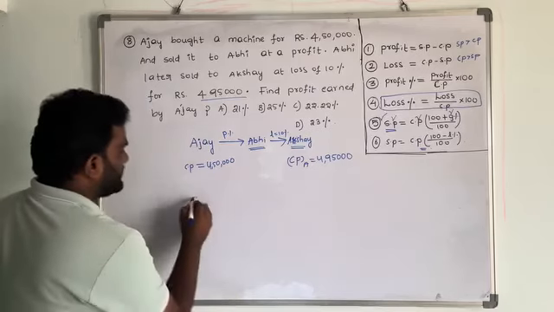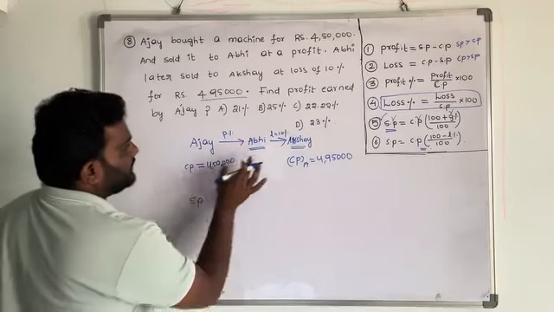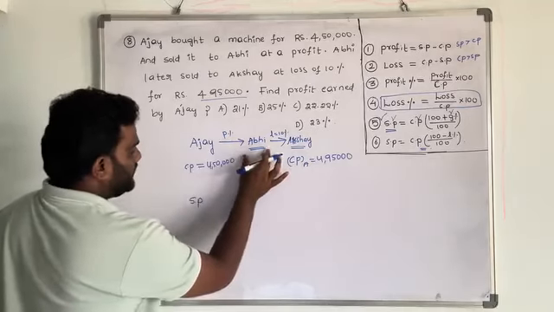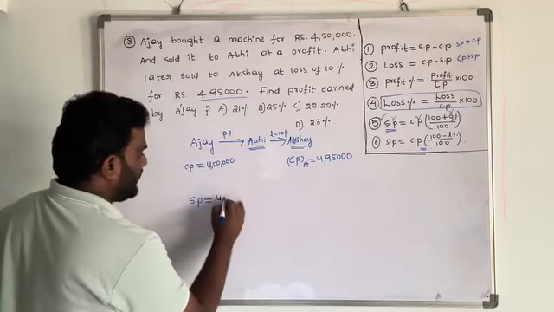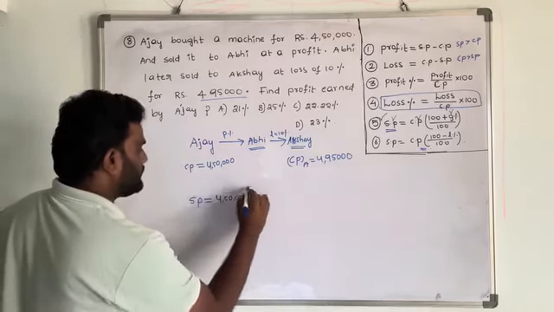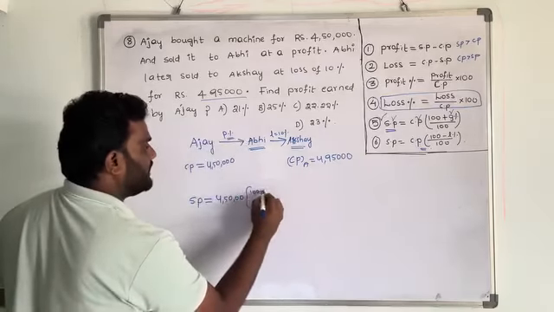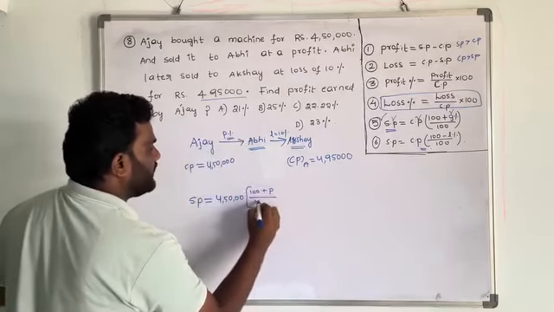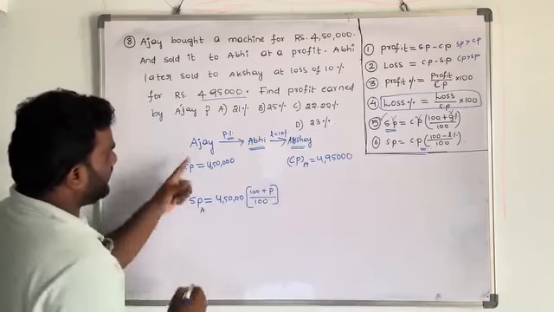Then find the selling price, because the selling price of Ajay will become the cost price of Abhi, correct? So selling price is equal to cost price 4,50,000, and the profit percentage is given, that is P percent, so 100 plus P by 100. Okay, this is the selling price for Ajay.